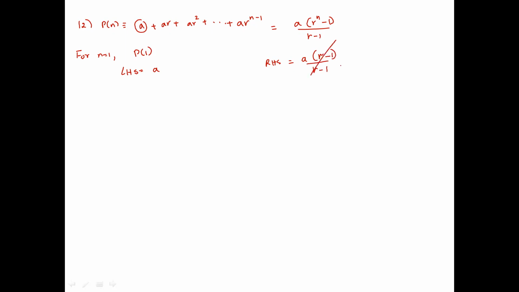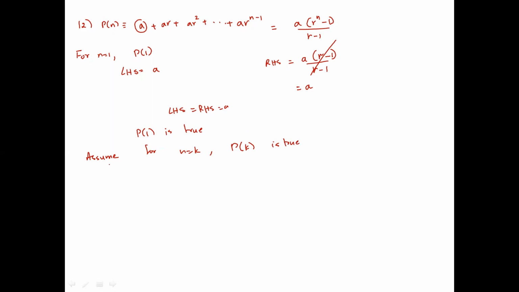When r minus 1 cancels, RHS is also a. Because LHS and RHS both are equal to a, we can say P of 1 is true. Now assume that for n equal to k, P of k is true.